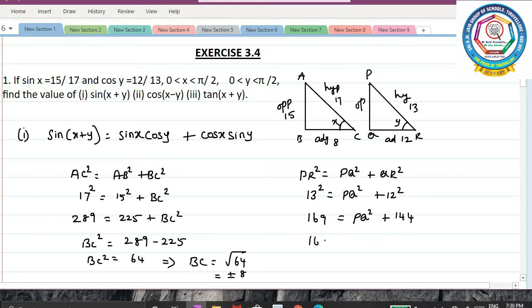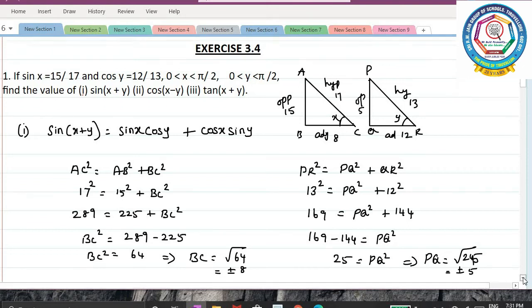So 169 minus 144 equal to PQ square. If you subtract, 25 will come. So PQ square is equal to 25, which implies PQ is equal to square root of 25, that is 5. So what is the opposite side here? 5.